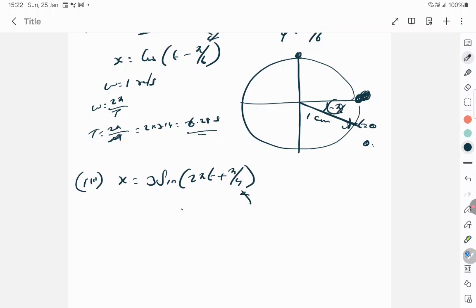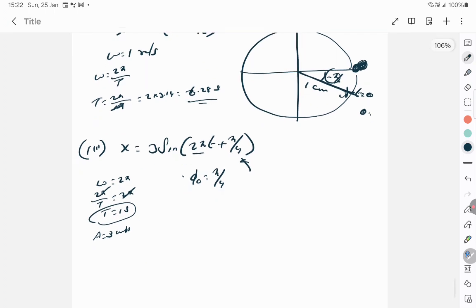And this is your omega. Omega itself is 2 pi. And 2 pi by capital T is 2 pi. 2 pi gets cancelled. T is equal to 1 second. And you know the amplitude itself is 3 units, 3 meters, 3 centimeters, whatever unit they have given. Then this is your phase, initial phase is pi by 4. And how am I going to represent this?